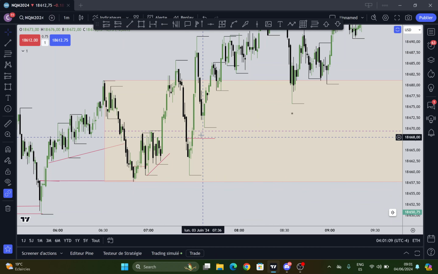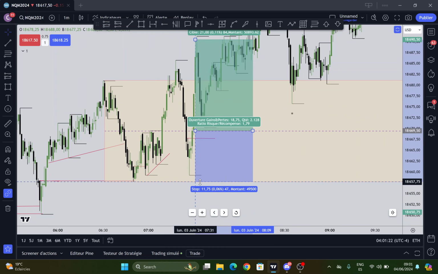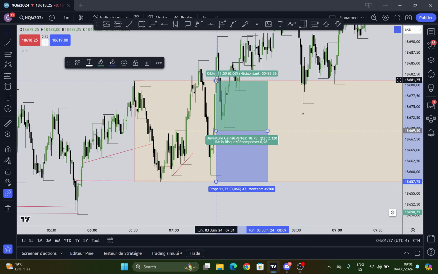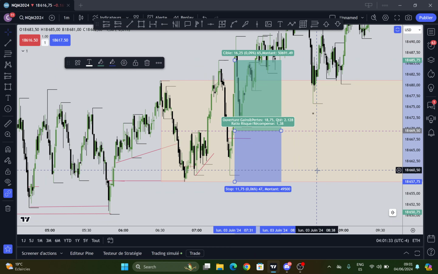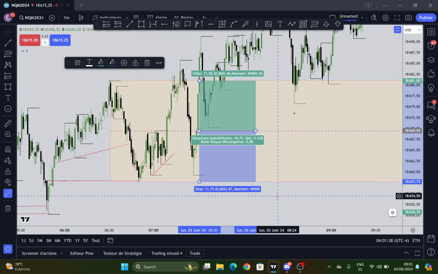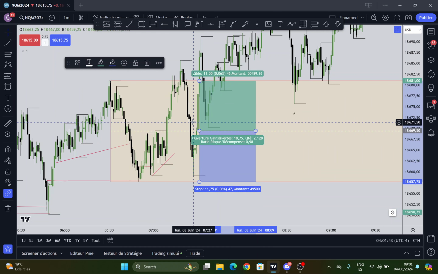Price never came back to it, but we confirmed the CSS very close to the 50%. So if we take it aggressively here, we will have the one-to-one for the zone. Or we can target the last high, or you can just forget about everything here and just take the one-to-one of the zone.